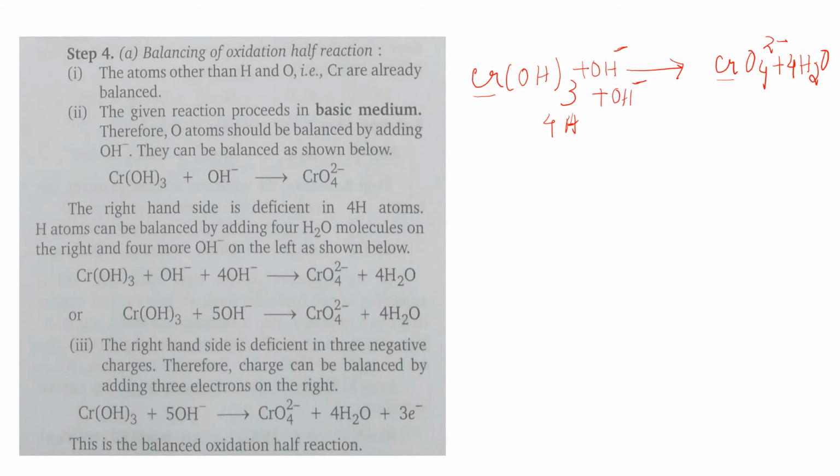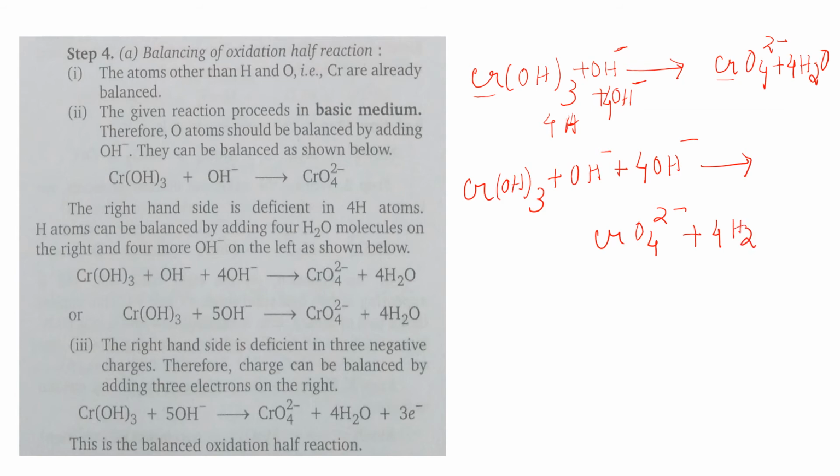So what am I getting now? Cr(OH)3 plus OH- plus 4 OH- is giving you CrO4 2- plus 4H2O.